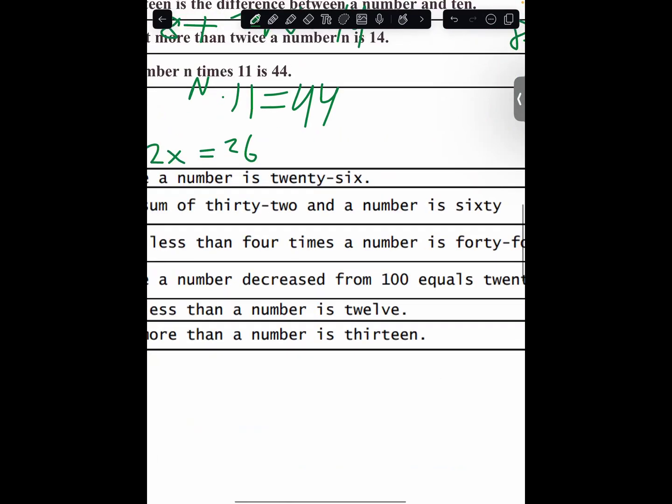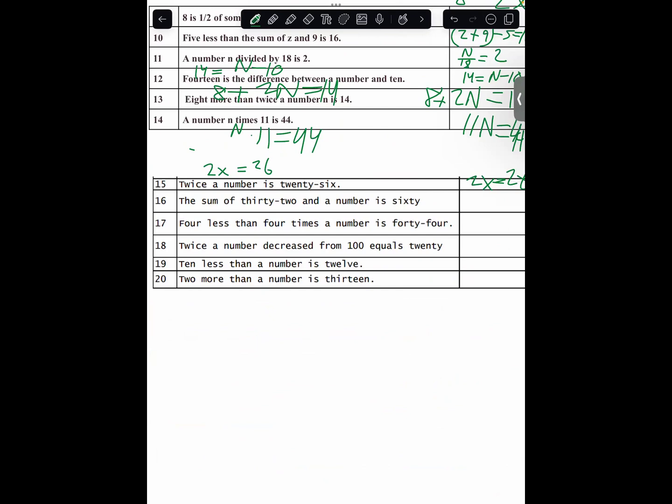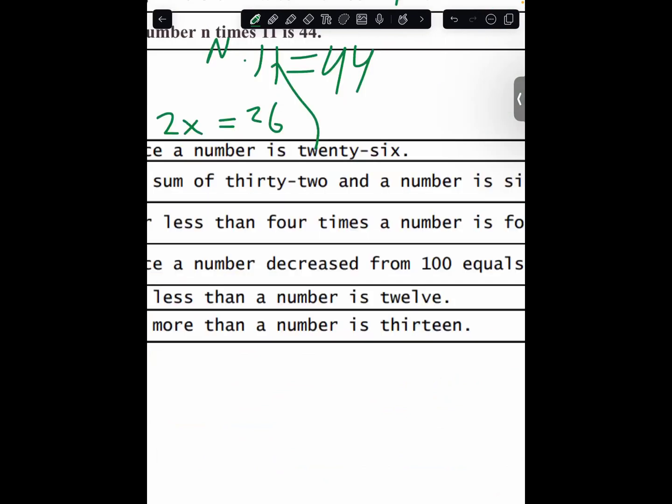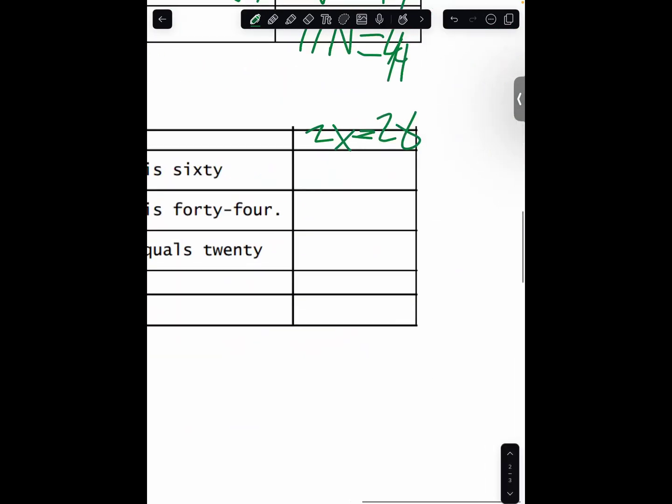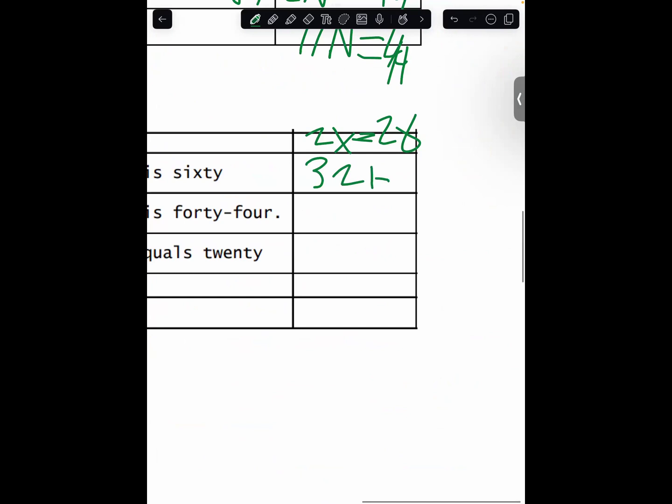All right, the sum of 32 and a number is 60. So 32 plus x equals 60. Okay, 32 plus x equals 60.